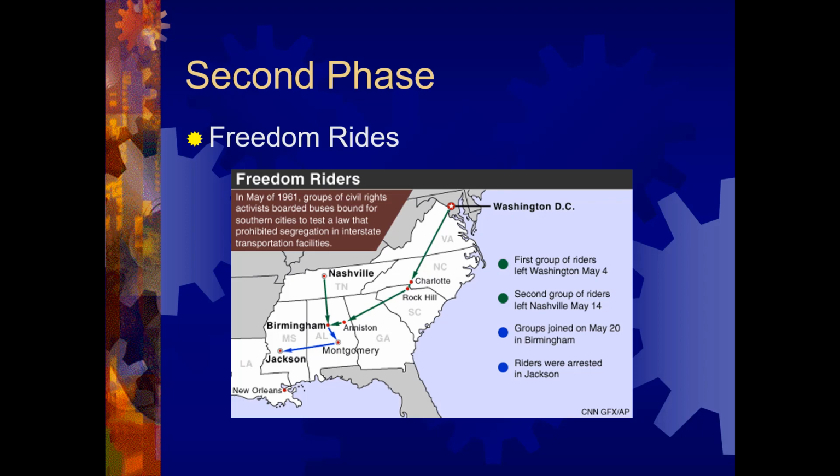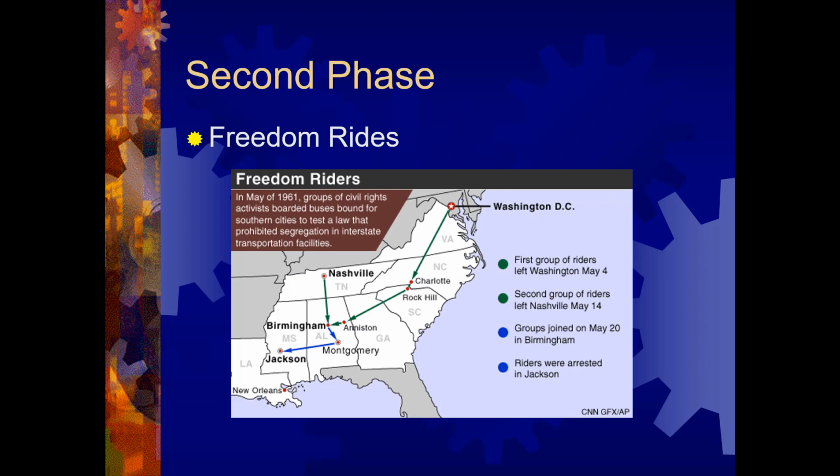These had been attempted before in the 1940s, so this wasn't a brand new thing, but the freedom rides beginning in '61 were groups of integrated black and white students, and they were getting on buses beginning in Washington, D.C., intending to travel down to New Orleans. They wanted to travel through the South and test segregation laws along the way.